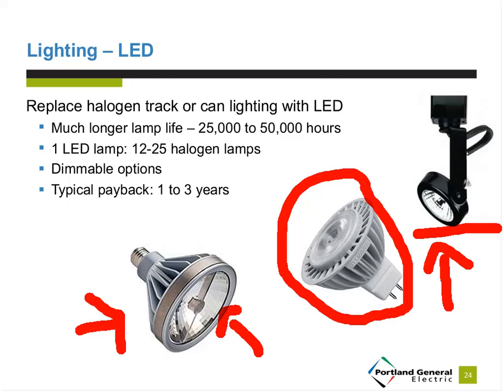We see so many customers switching from the halogens to the LEDs. And with the LEDs, they're dimmable. You get great beam spread. There are a lot of LED bulbs that have improved in the warmth of the color they give off. They don't add heat to the space. So we see a lot of customers going to this option.